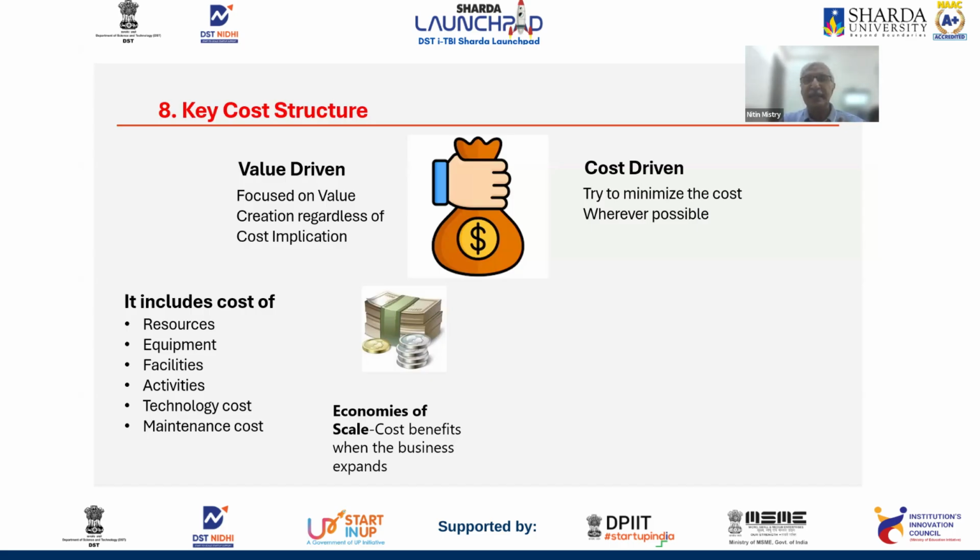In simple words, when you produce more, each unit becomes cheaper. This happens because fixed costs like rent, machinery, salaries, everything remain spread over a larger number of goods. And for purchasing raw material, you do bulk purchasing, and you make very efficient use of the resources you have.